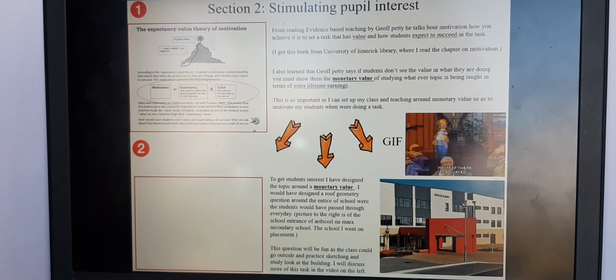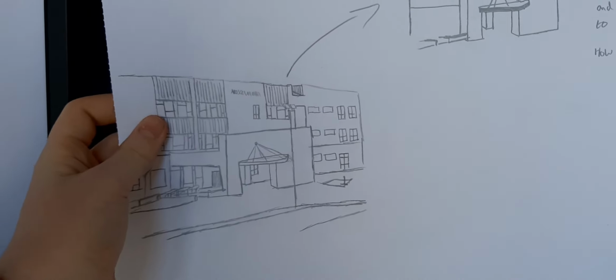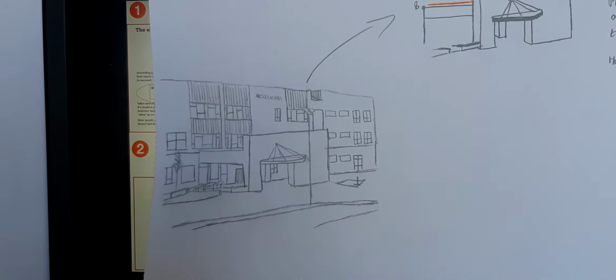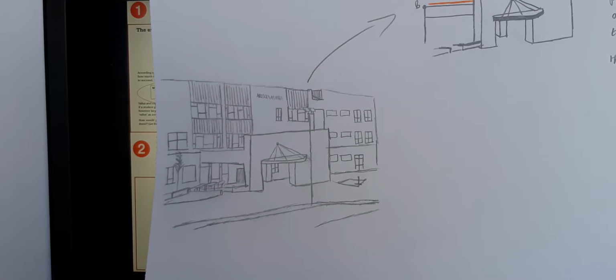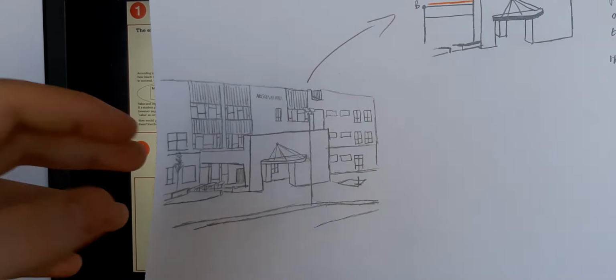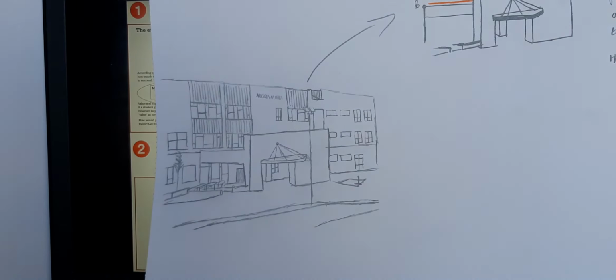So I created a sketch of the entrance of the building. I would want my students to go outside, and if you go outside, the students are going to have fun. They're not going to be stuck in a classroom being bored. They can go outside and practice their sketching skills. I'll tell them the task before we go out there, so the students know what they're doing. I'll give the students their learning intentions and what I want to achieve.